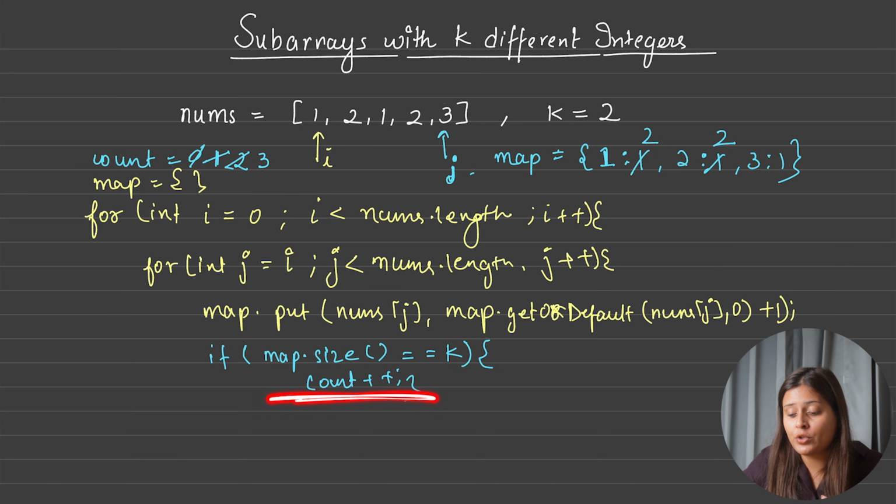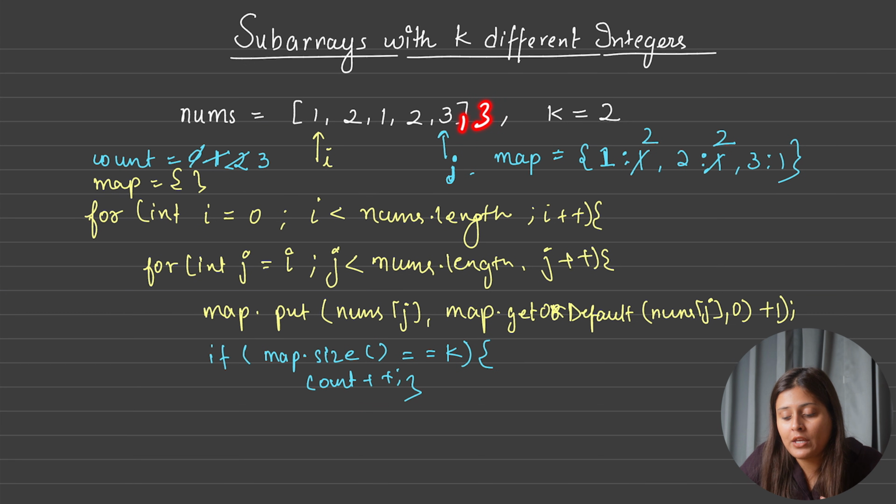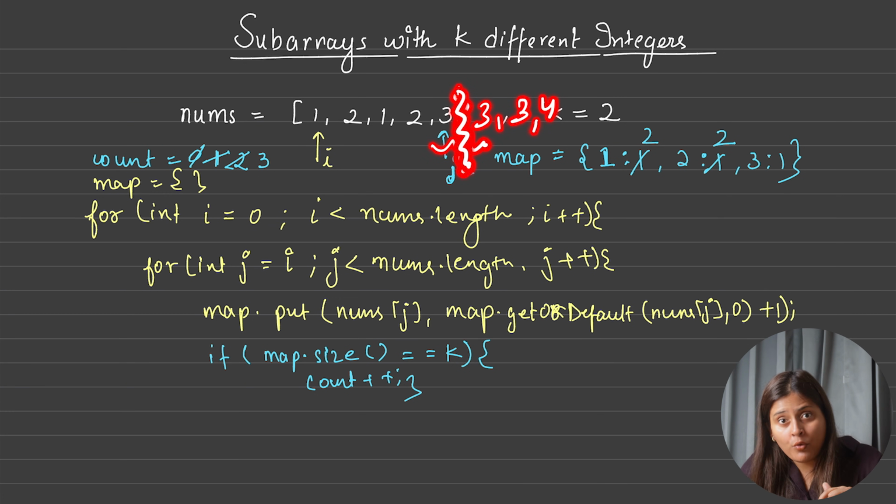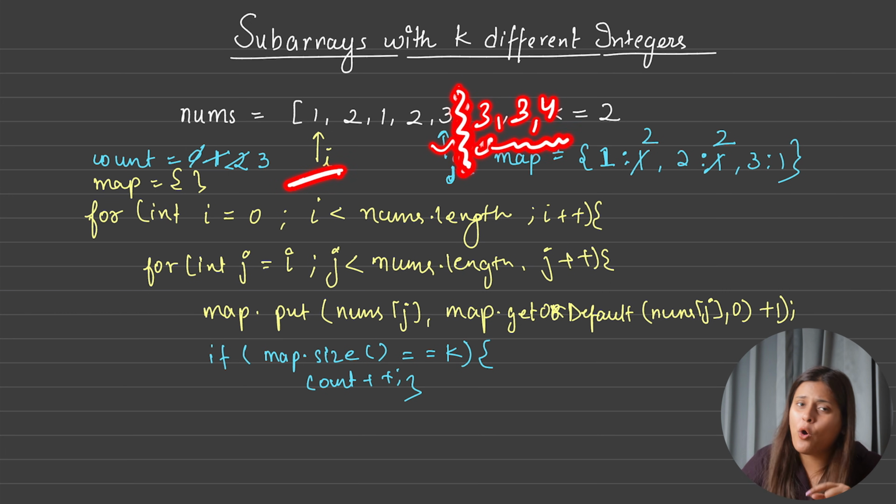In this case, suppose there are more elements, do you think we should move forward or we should stop here? Because at this position our condition fails. Do you think we should move forward? No. Because even if we move forward with the same i index and j index moving forward, all conditions will fail.